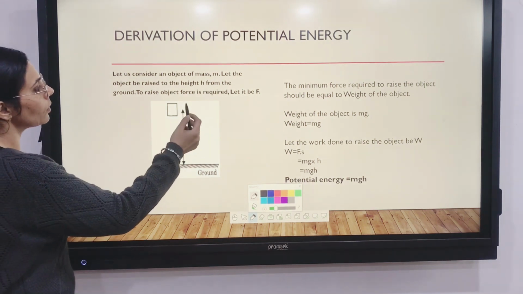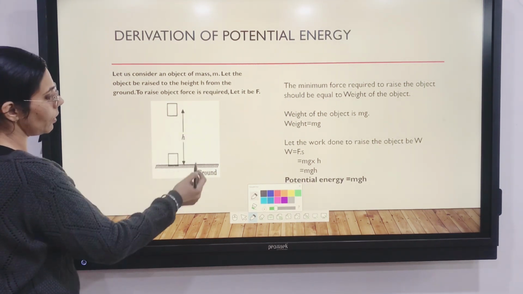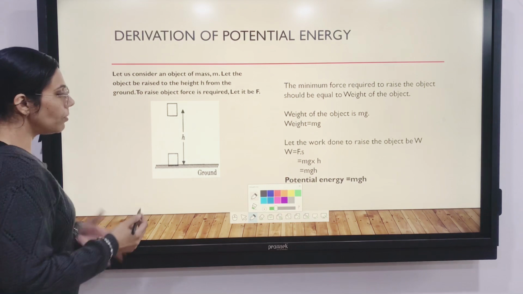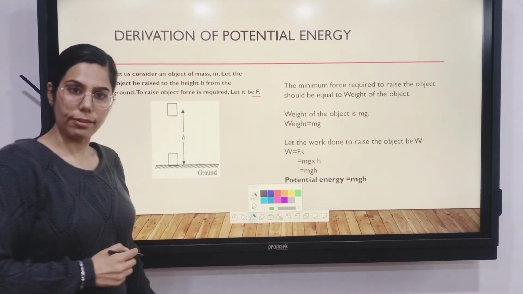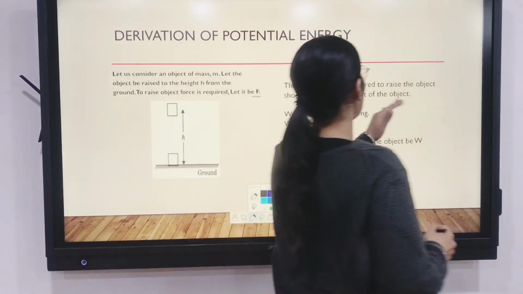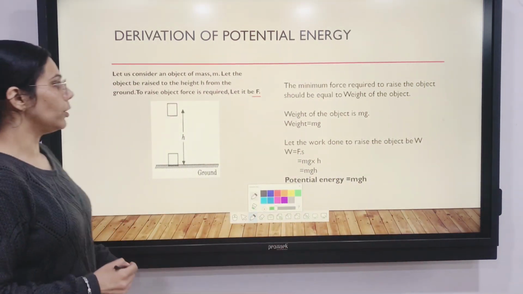To raise the object, force is required. Let that force be F. The minimum force required to raise the object should be equal to the weight of the object.